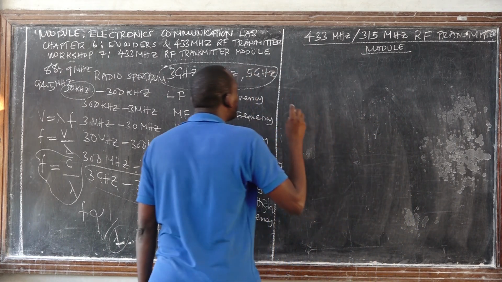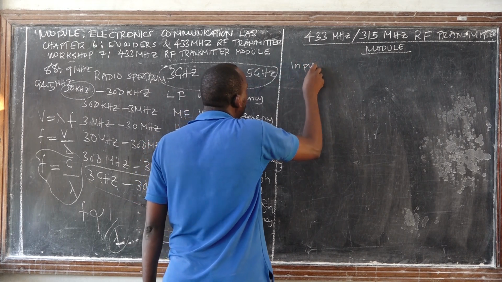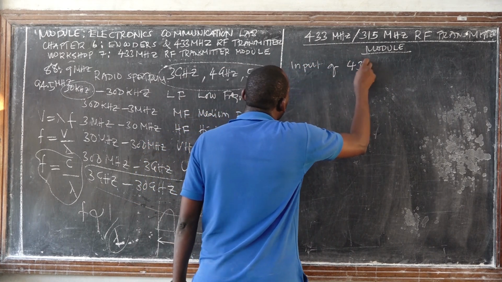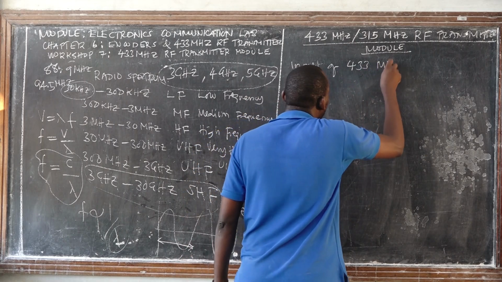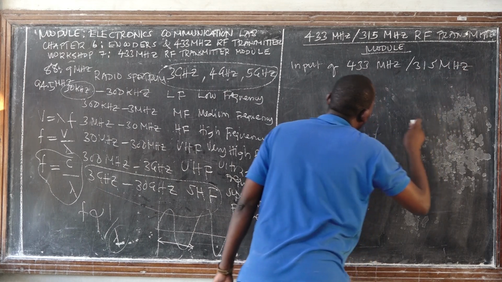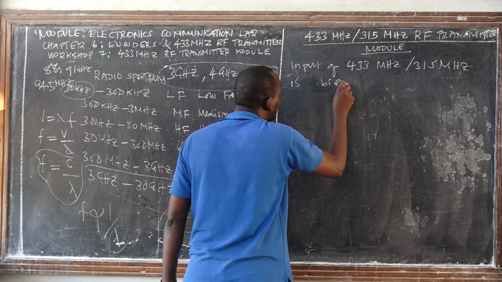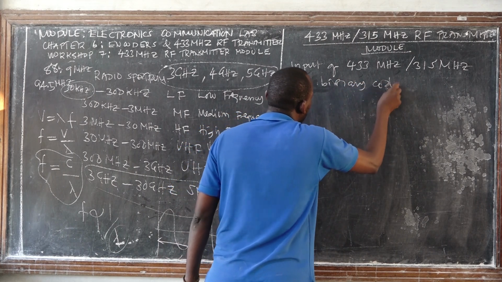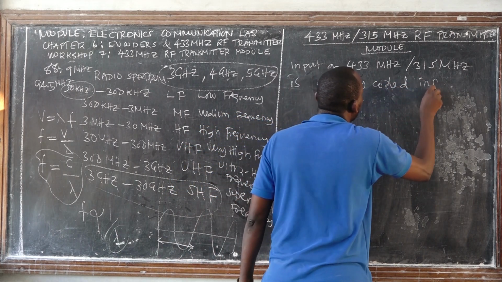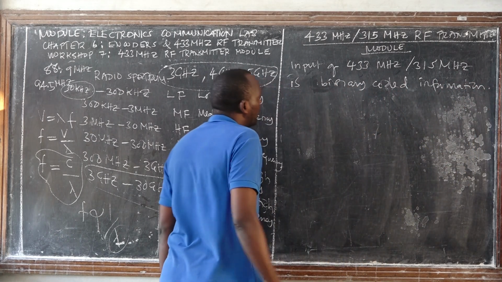So for this case, we say that the input of the 433 megahertz or 315 megahertz is binary coded information.